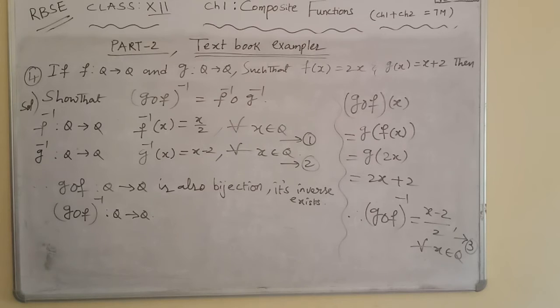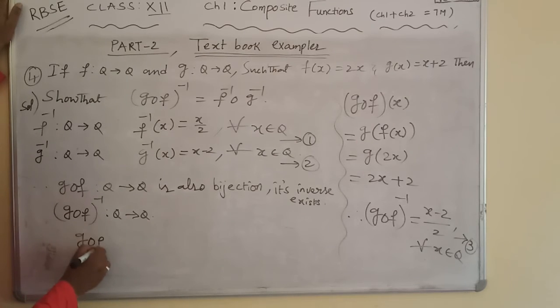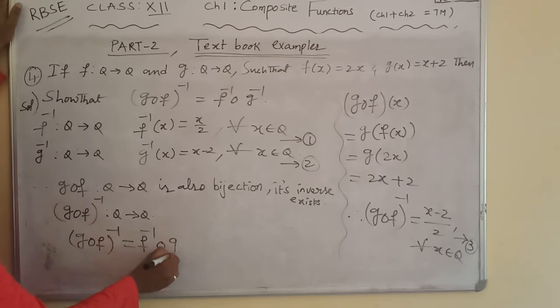So now you just understand, after completion of this, you found (g circle f) whole inverse, that is x minus 2 upon 2. If you find this, then automatically you already know one property. It says that (g circle f) whole inverse is equal to f inverse circle g inverse.